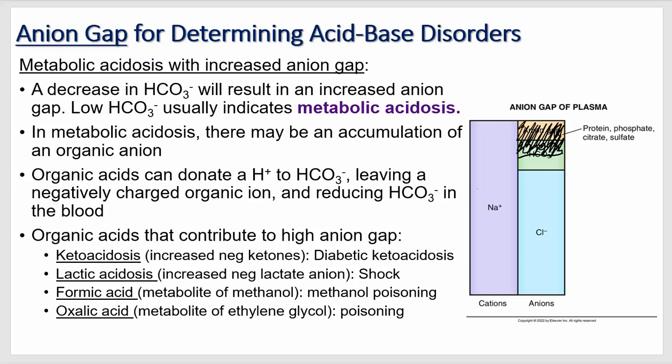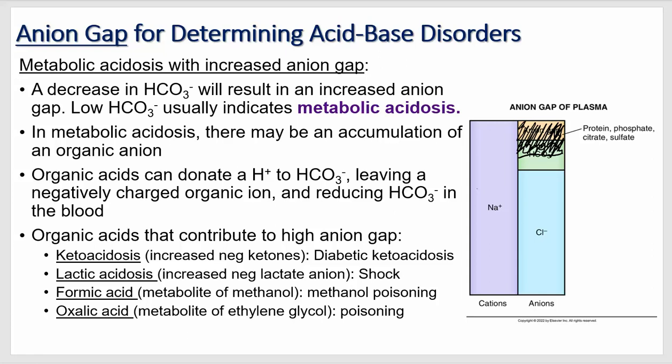Organic acids can donate the hydrogen to the bicarb, leaving a negatively charged organic anion, reducing the bicarb in the blood and increasing that gap. The organic acids we should really be thinking about come down to the negatively charged ketones, so diabetic ketoacidosis.